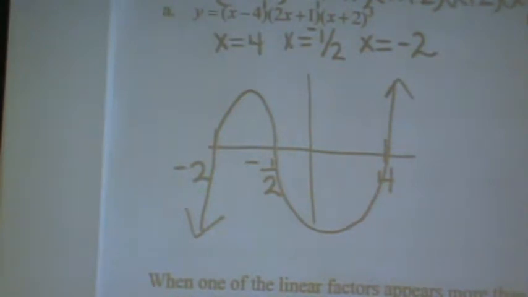So it could look like this. It could go like this, keep going, like that, okay? And only touch at those zeros. Let's say that's the x-axis right here. These are your zeros. So in other words, there could be some imaginary ones, okay? Don't worry about that right now.